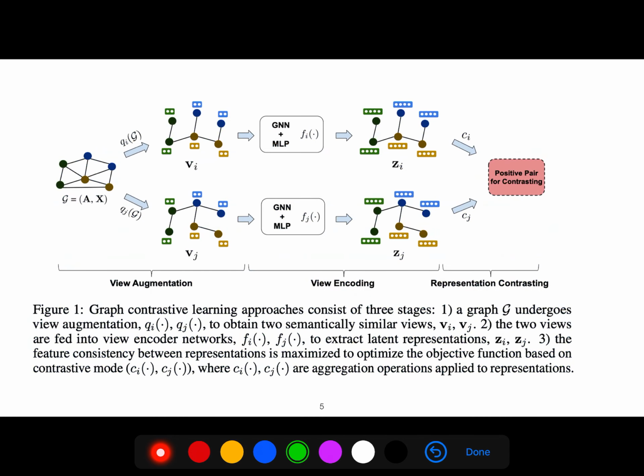So this is the graph contrastive learning approach, which consists of 3 stages. For the first stage, we have a graph that undergoes view augmentation. Here we do augmentation.